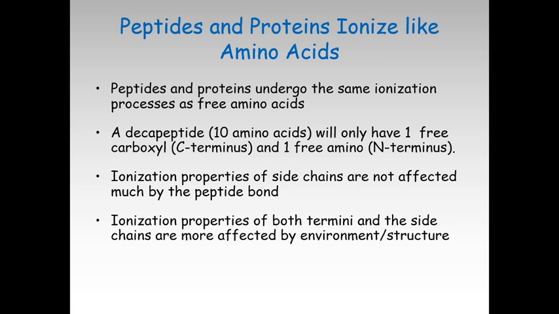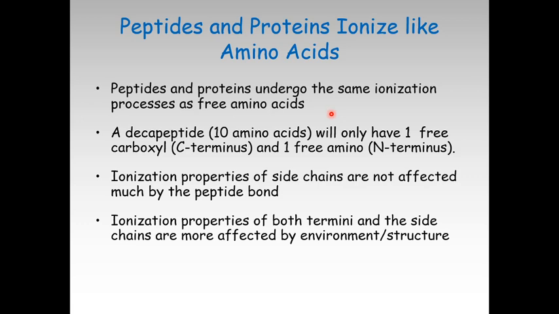A big point, peptides and proteins also ionize like amino acids. Peptides and proteins undergo the same ionization processes as free amino acids. So if you were to take a small tripeptide, that peptide can also have a titration curve, just like an amino acid, right?